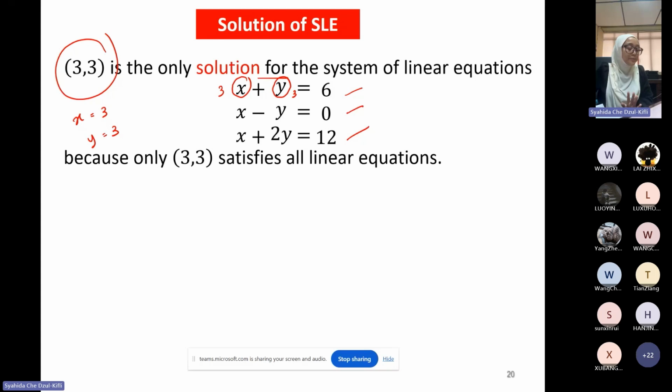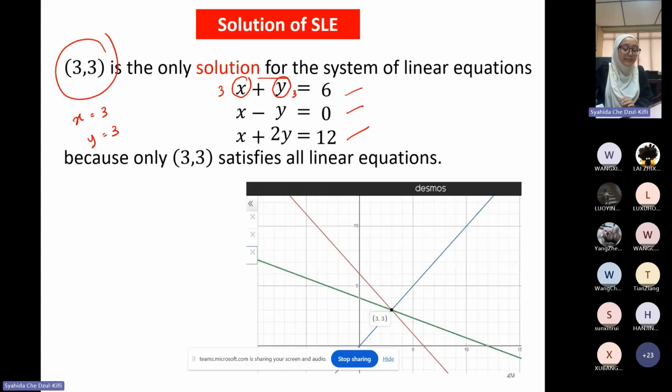For this example, (3, 3) is the only solution. There is no other solution for this system. You may check, or later on, in subtopic 2 and subtopic 3, we are going to see why this system of linear equations has only one solution.